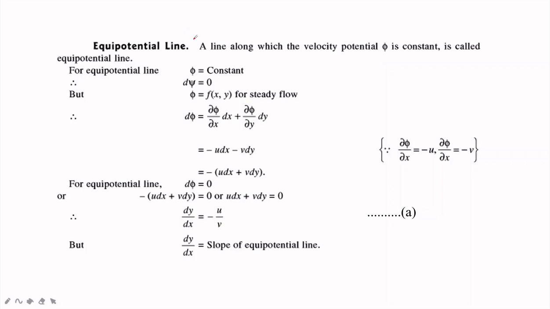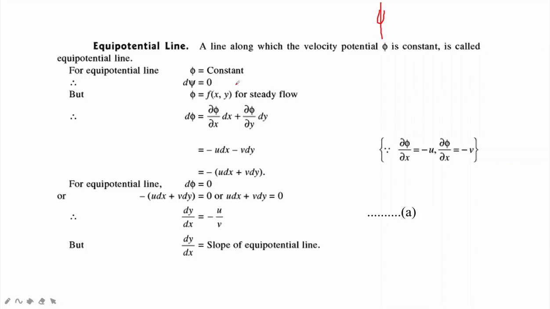So this you'll get to know further. For just now you have to take down that a line along which the velocity potential is constant is called an equipotential line.